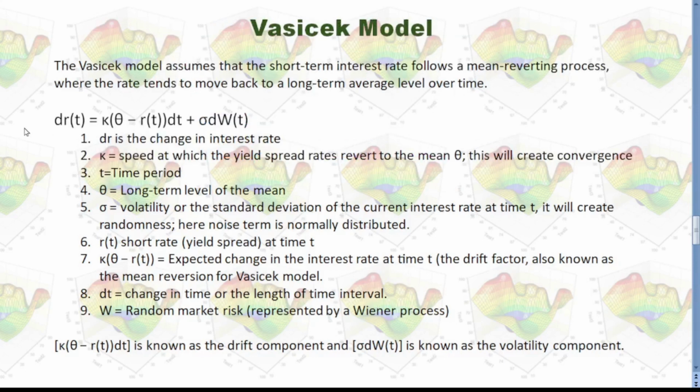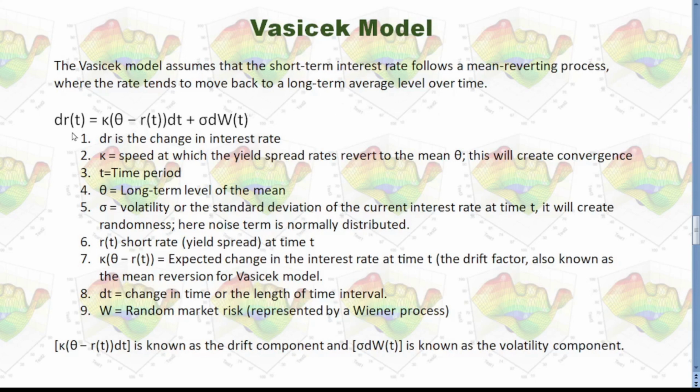Now let's take a look at the Vasicek model. The Vasicek model assumes that the short-term interest rate follows a mean-reverting process, where the rate tends to move back to a long-term average level over time.